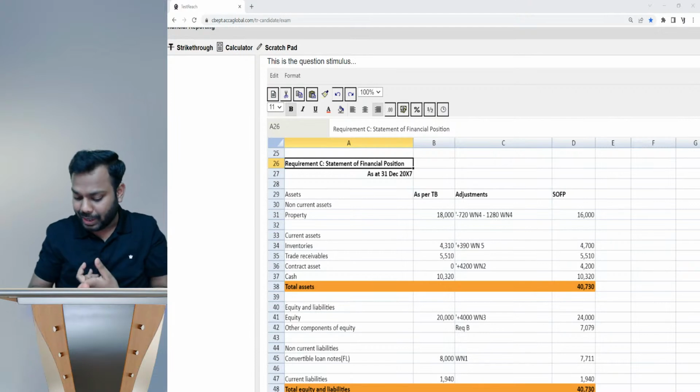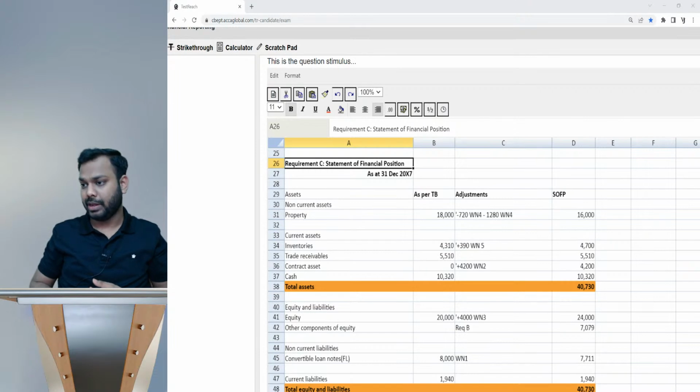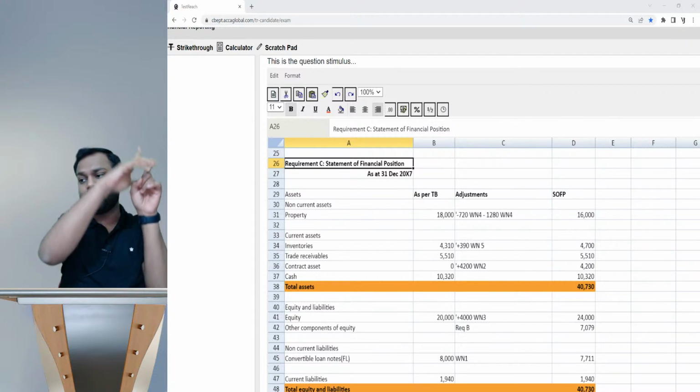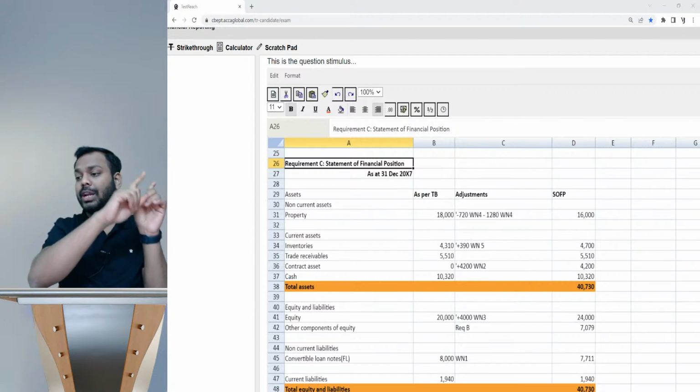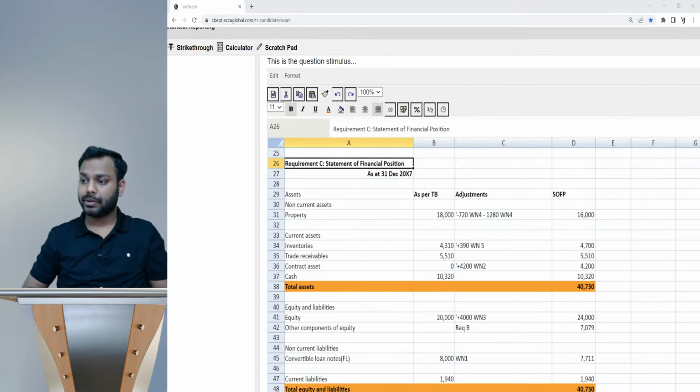Only the revaluation gain or revaluation loss has to be transferred to OCI. The transfer of revaluation surplus to retained earnings is an equity to equity movement. Is it clear, Naman?